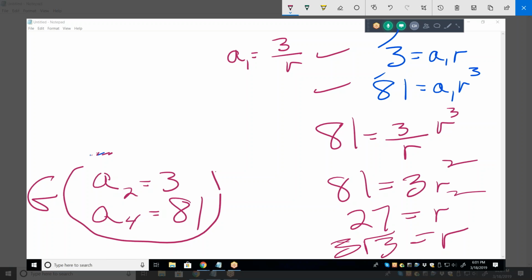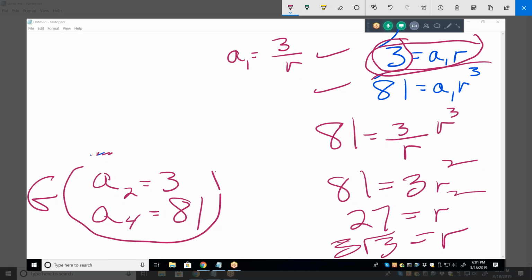Hold on a second. Let's see. a sub n, which is the second term, equals the first term times the common ratio to the n minus 1, which is 1. So this equation's correct. a sub 4, which is 81, is equal to a sub 1 times r to the 4 minus 1.